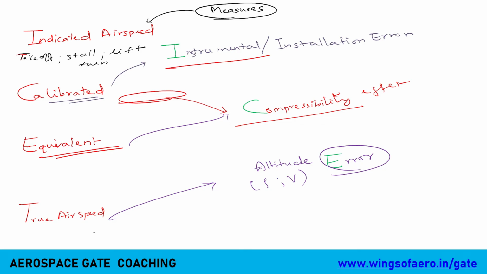So true airspeed is used only during navigation, for navigation purposes only. Both equivalent and true airspeed are used during navigation.